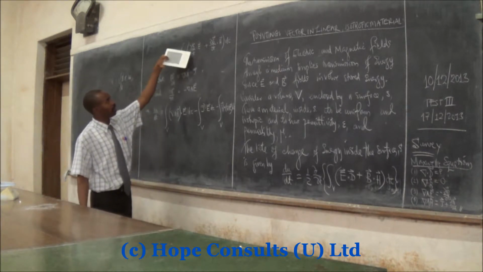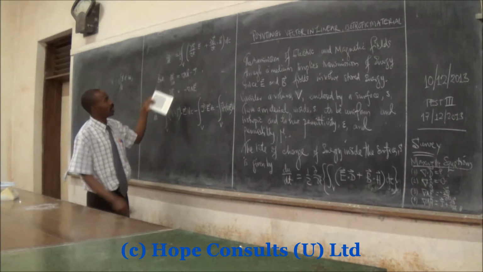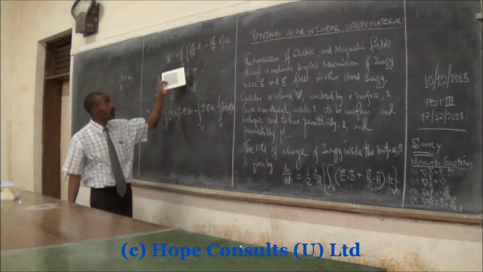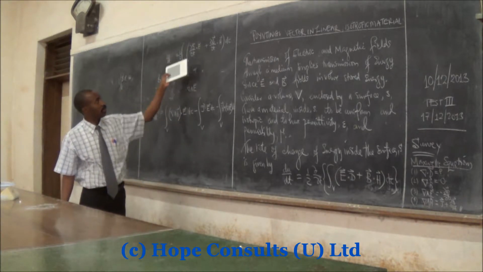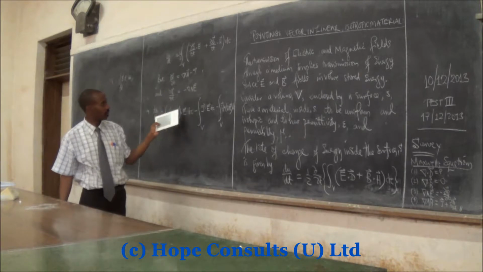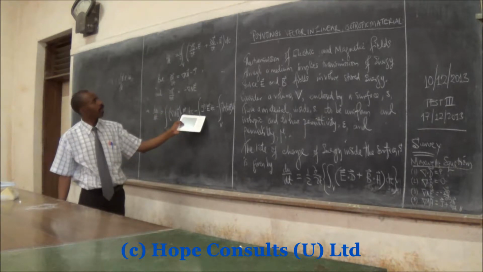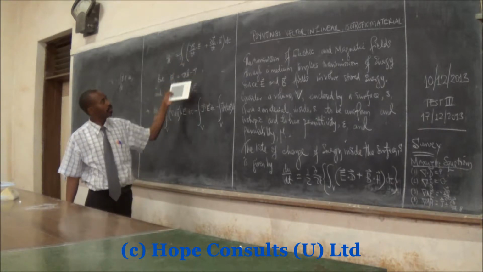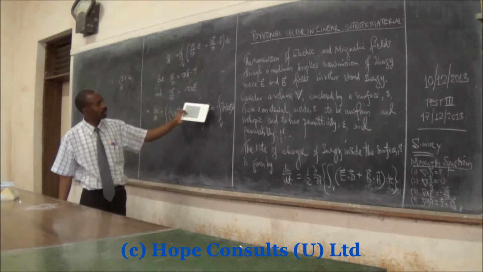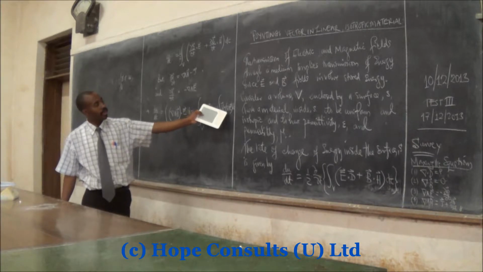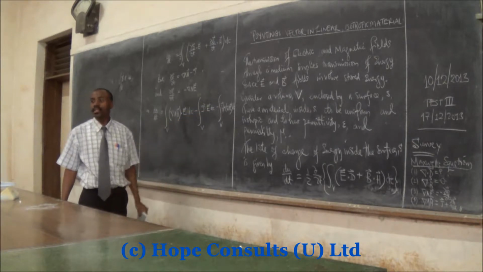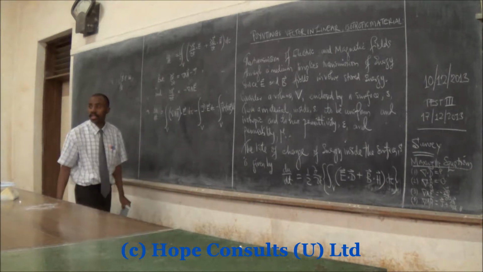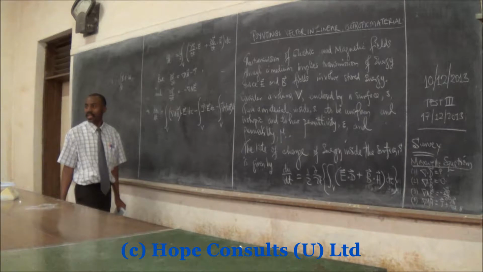That product is distributive, so this would be dotted with this, and also dotted with this, which gives this and that. The other part, partial B by partial t, was minus the curl of E, which is this minus here. H dot curl of E is the same as curl of E dot H, because that product is commutative.